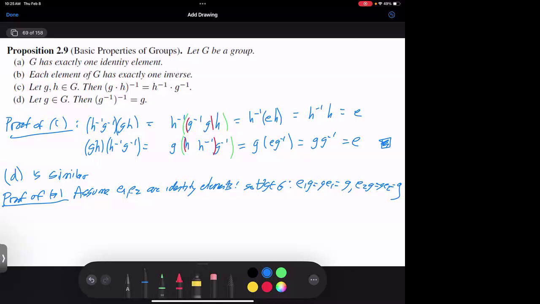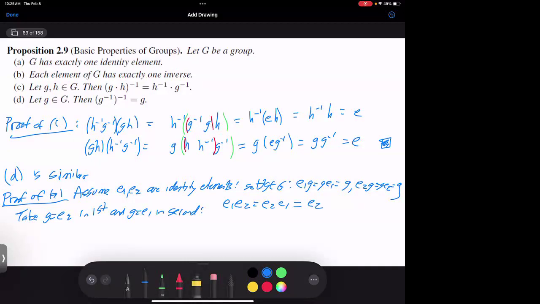What would be a good choice of g for the first relation? E2. Excellent. So let's take g equals E2 in the first and g equals E1 in the second. And now we would get E1 E2 is E2 E1 is g, which is just E2.